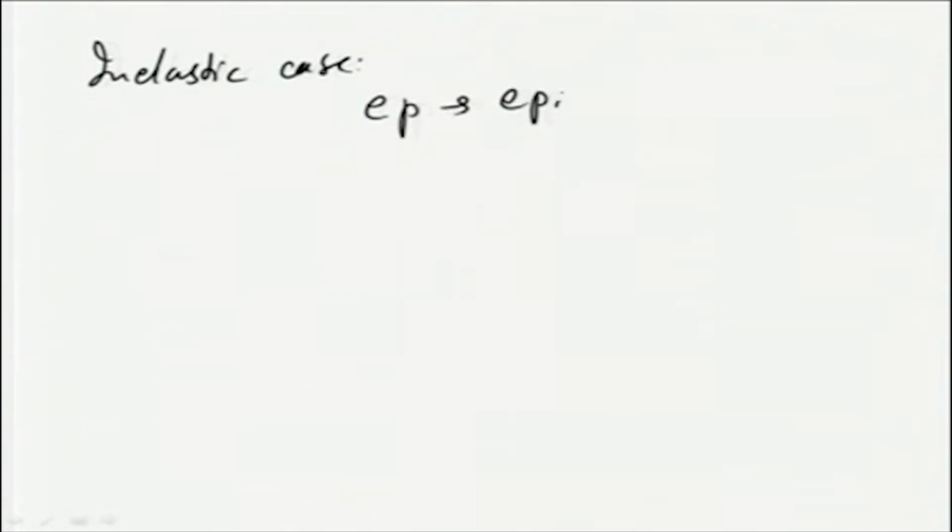But now, for the inelastic case, let us consider the example of E p going to E p pi 0. Now you will see that the invariant mass, let me write down the 4 momentum conservation, P_E plus P_P is equal to P_E prime plus P_P prime plus P_pi0 prime, where P_pi0 prime is the momentum of the final pi 0 and rest of it is similar to the earlier case.